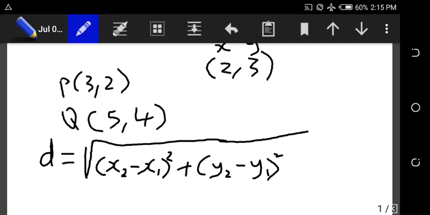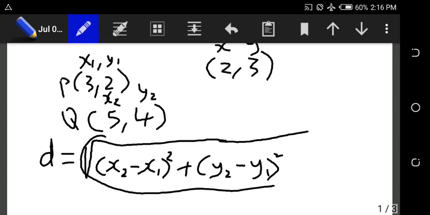In your P, you have the first number, 3, to be x1 and the 2 to be y1, while in Q you have the first number to be x2 and the 4 to be y2. So you go ahead and substitute the values in this particular formula and you get your answer.